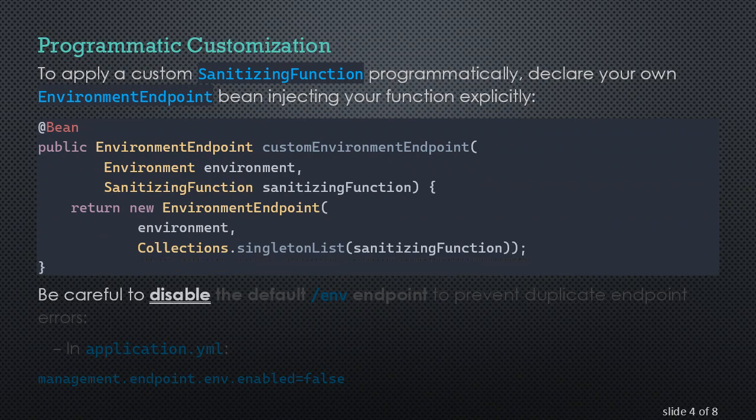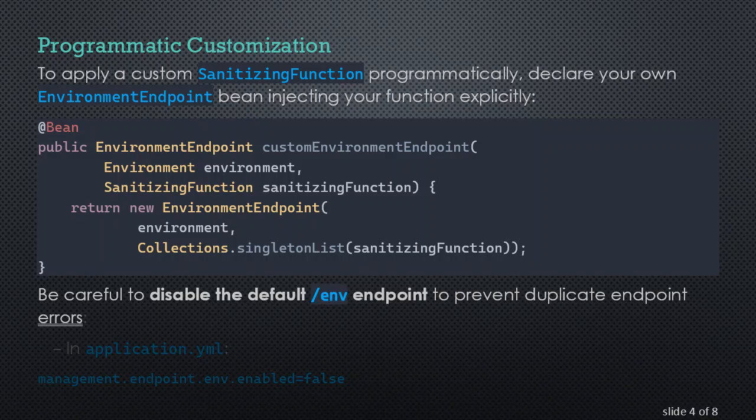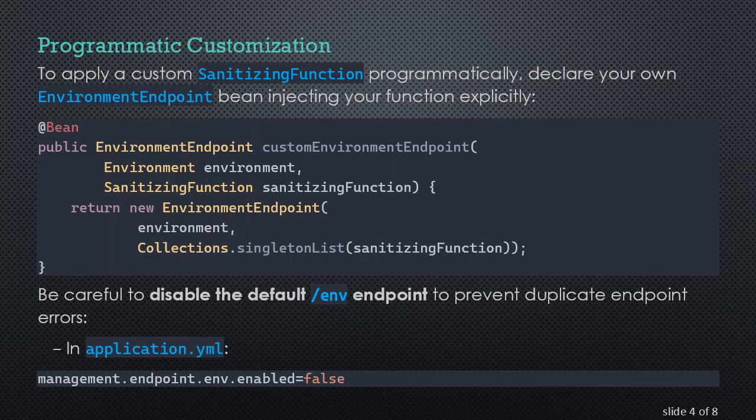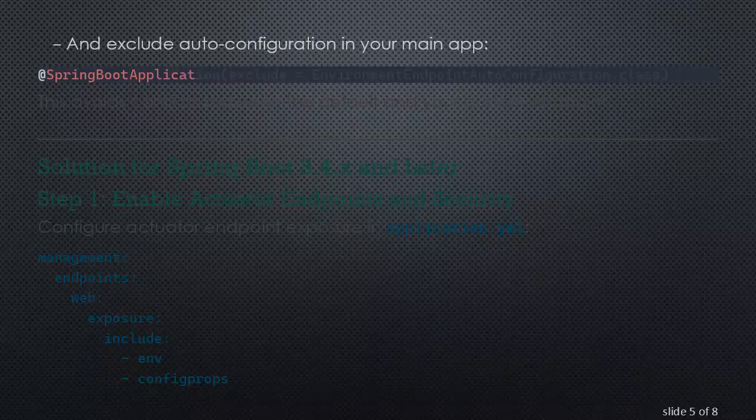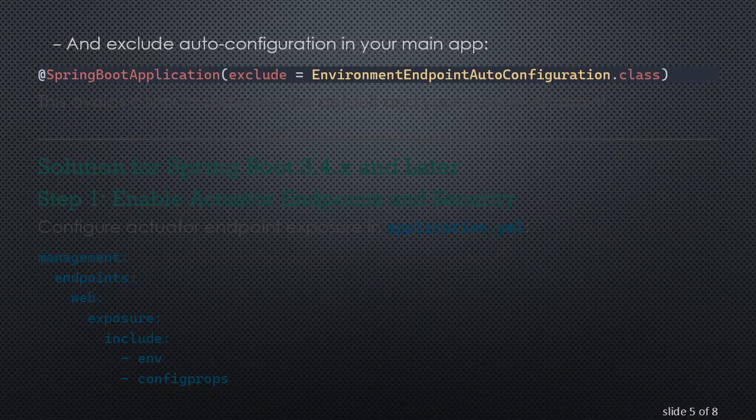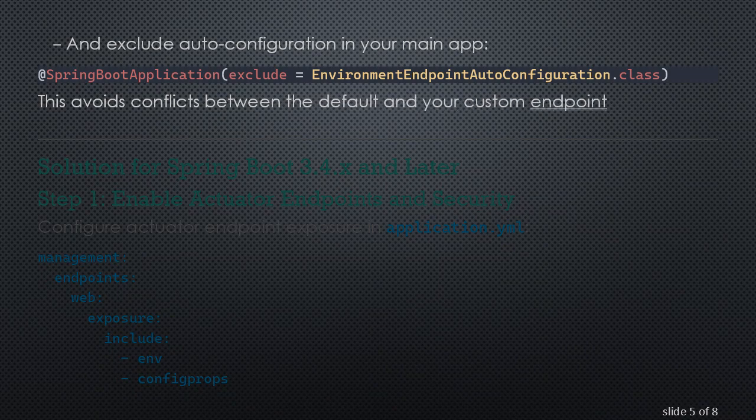Be careful to disable the default /env endpoint to prevent duplicate endpoint errors, in application.yml. And exclude auto-configuration in your main app. This avoids conflicts between the default and your custom endpoint.